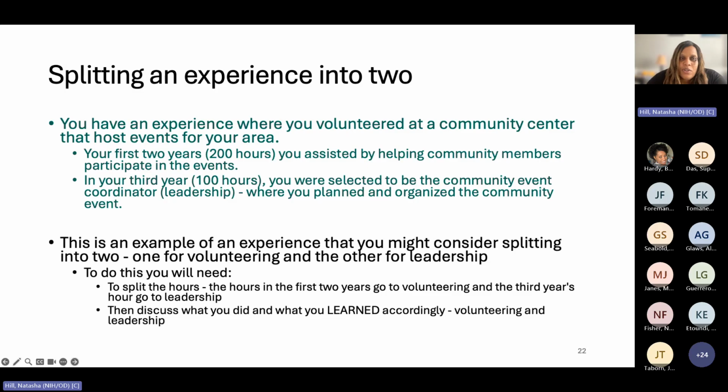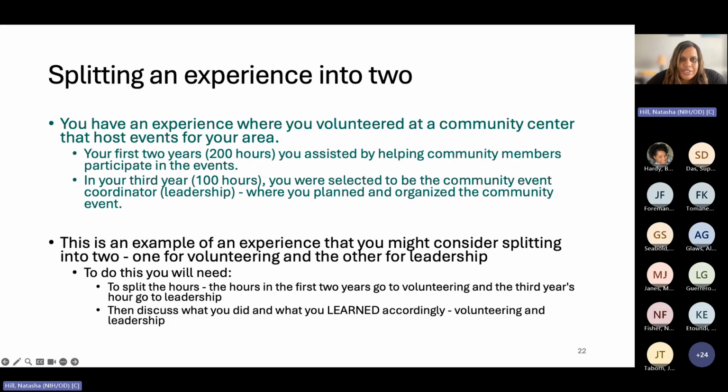In this case, the total for this community center volunteer was 300 hours, but they split the 200 hours focused mostly on volunteering from the 100 hours of leadership. So if you're going to split an activity, make sure you split the hours.